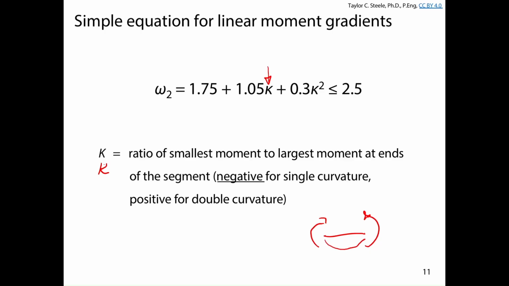Kappa is going to be a negative value. Whereas if we had a beam that had moments something like this, that would be double curvature, and in that case we would take kappa as a positive value. I'm not indicating that these are positive or negative moments on the beam. These are just the signs that we would give to kappa when we're calculating omega 2 using this equation.